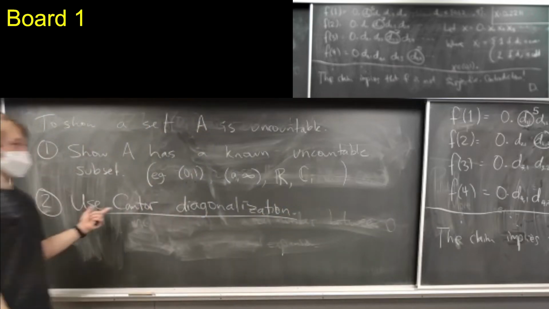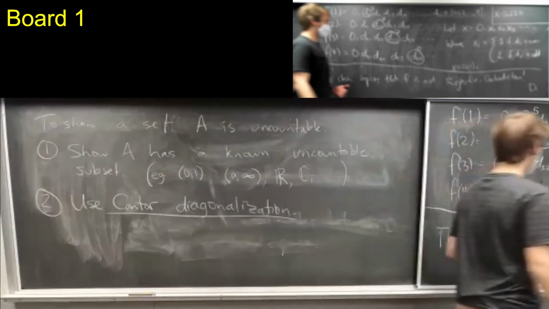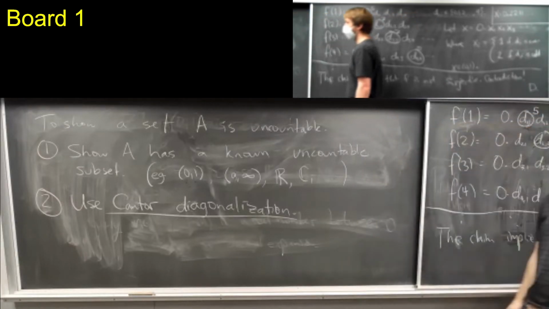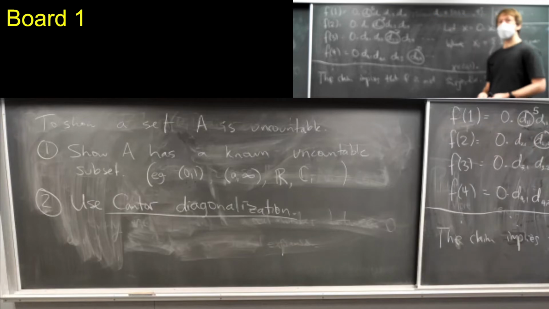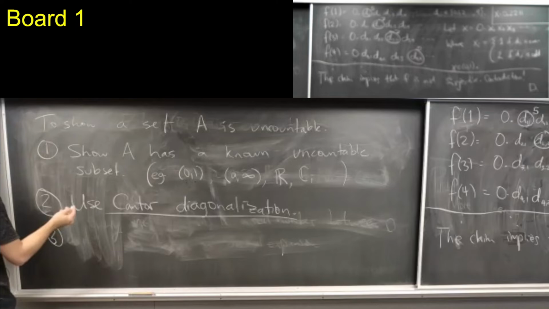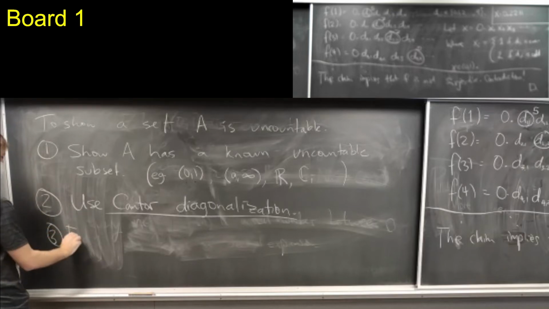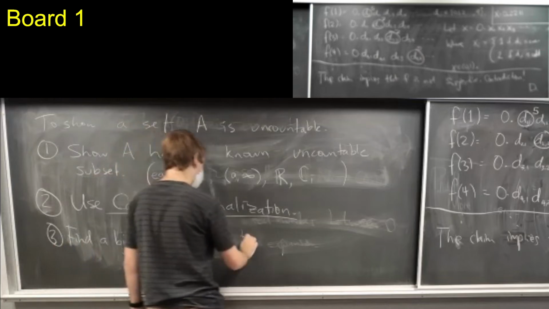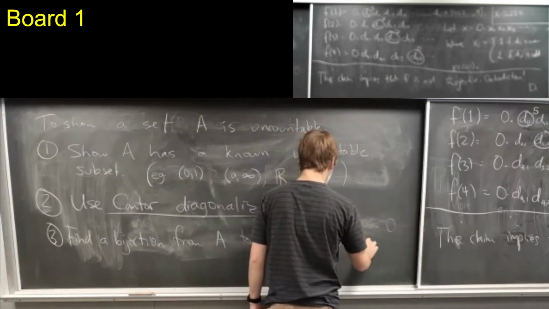So this is the trick we did here. It's named for a guy called Cantor who came up with this. And a third way to show something's uncountable is just to find a bijection from A to a known uncountable set.